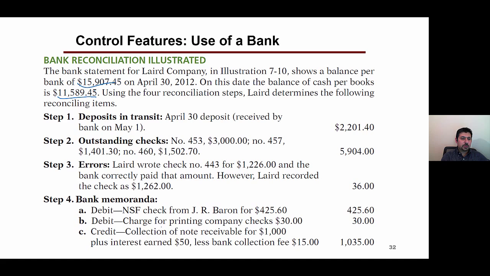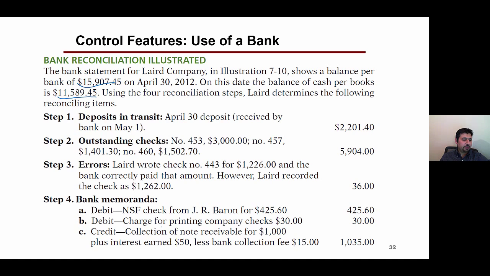So we start with the balance per bank, we get to the adjusted and correct balance, and then we use this correct balance as a reference to verify the amount that we will find as adjusted cash balance per company's books.